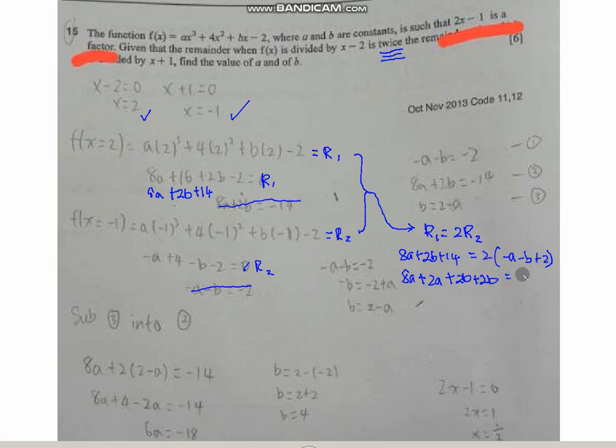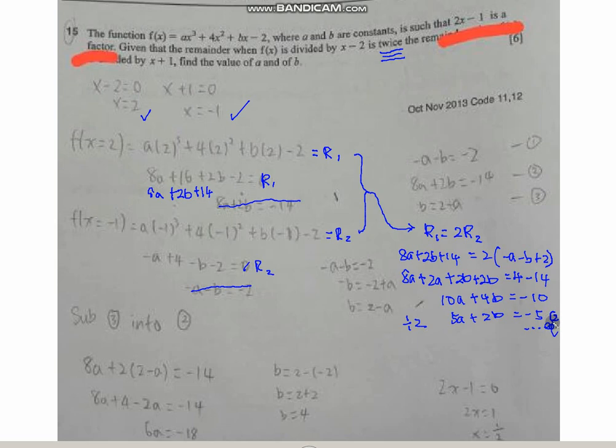Then this 2 times 2 is 4. If I bring this over here, becomes minus 14. So this is 10a plus 4b equal to minus 10. Divide by 2 across, you get 5a plus 2b equals minus 5, divided by 2.